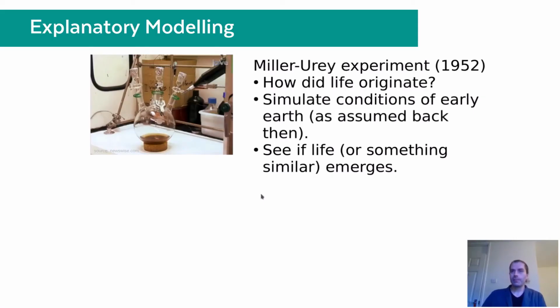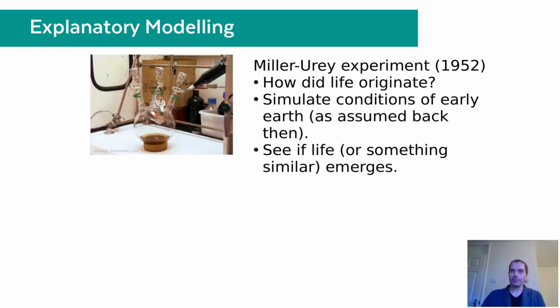The Miller experiment, performed by Stanley Miller in 1952, was an attempt to explain how life originated on early Earth. And what he did was essentially he took two glass flasks. One of them he filled with water, the other one with a few basic chemicals, assumed to reflect the conditions on early Earth, and then connected them, heated the water, and regularly sent sparks to the other compartment.